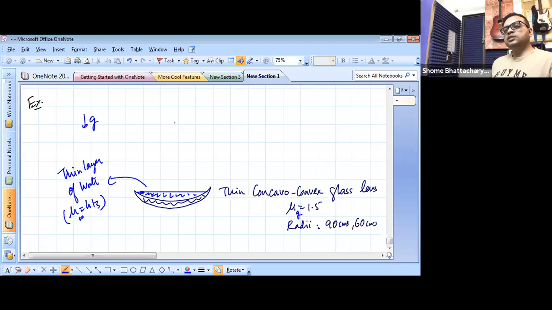Now, if we place a point source of light somewhere on the principal axis at a distance x, because this is very thin, it doesn't matter whether I'm taking x from the surface of water or from that surface. So we have to find x so that the rays of light emerge from this side, like this, parallel to the principal axis. So we have to find the value of x so that this happens.